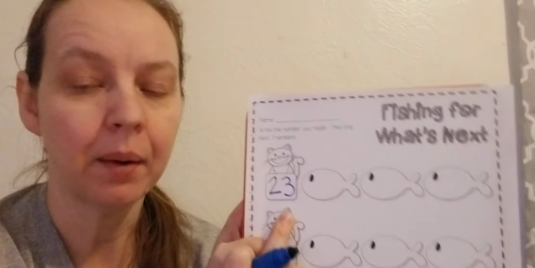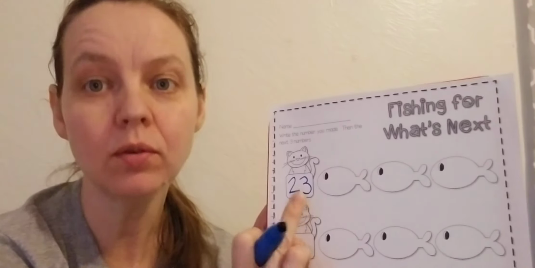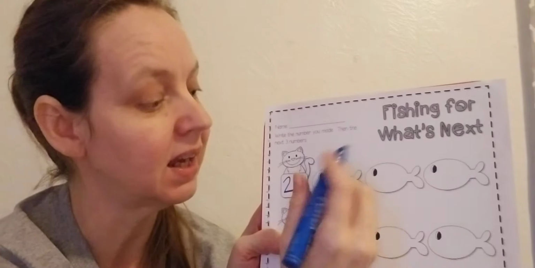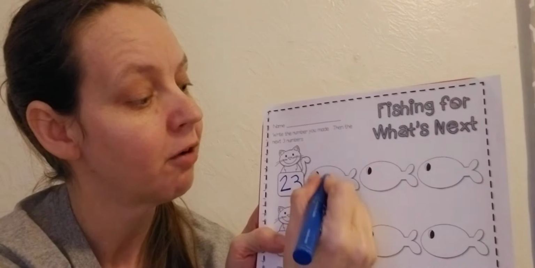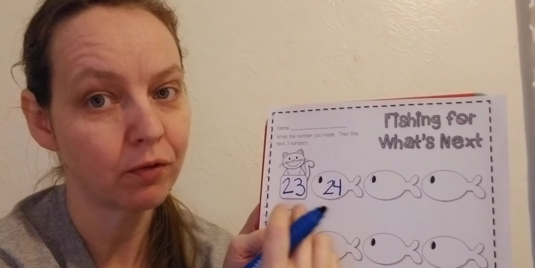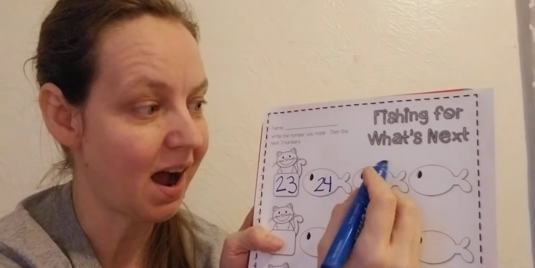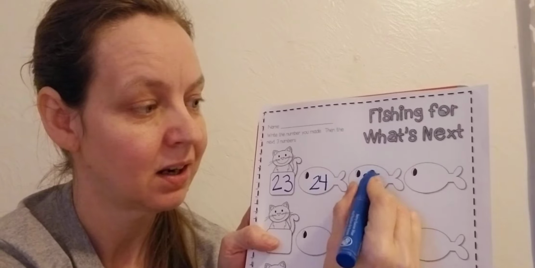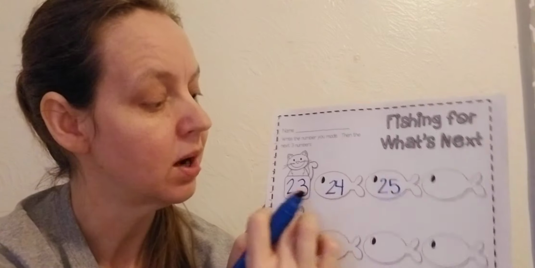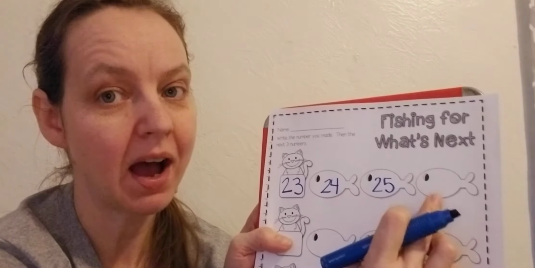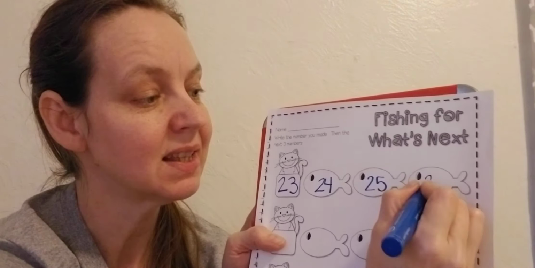So when I'm counting, I would say 20, 21, 22, 23, 24. That's a 2, 4. I've got 2, 3, 2, 4, 25. Remember, if it's a 20, it has a 2. 23, 24, 25, 26.